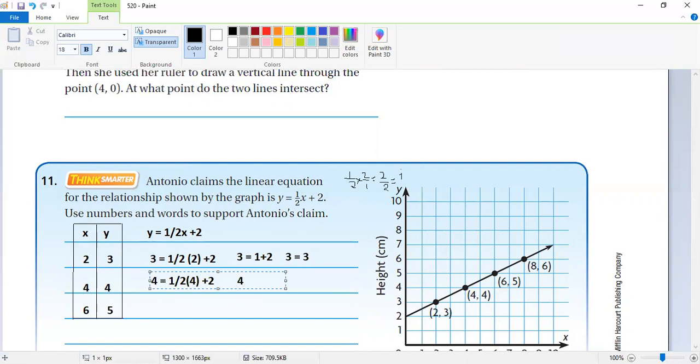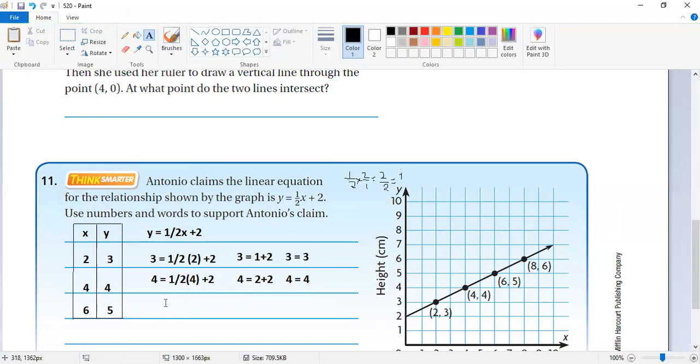So that's going to be 4 equals 2 plus 2. Both sides of our equation have to be equal. 2 plus 2 is 4, which means Antonio's claim is also right here.